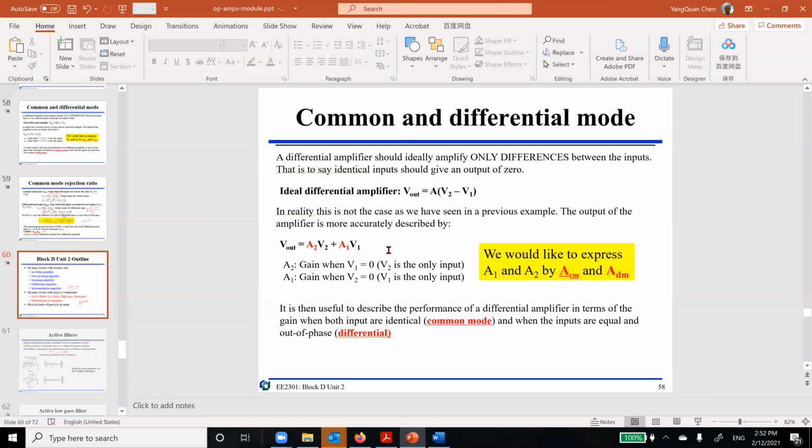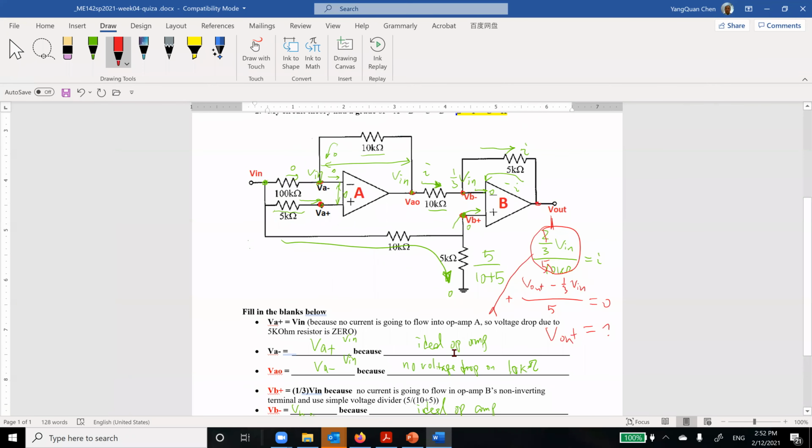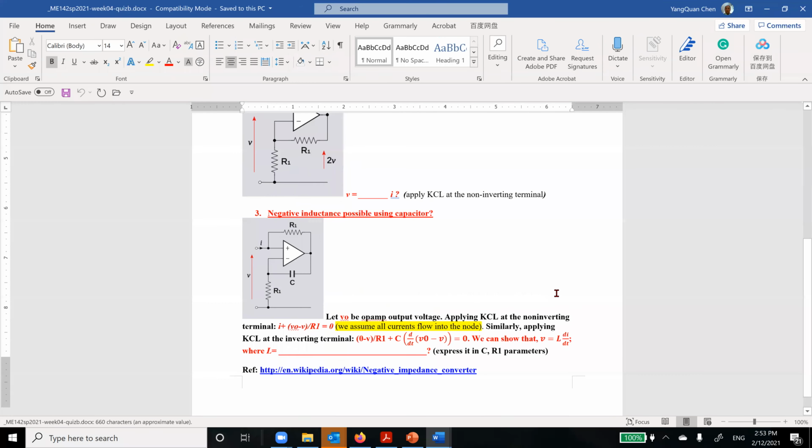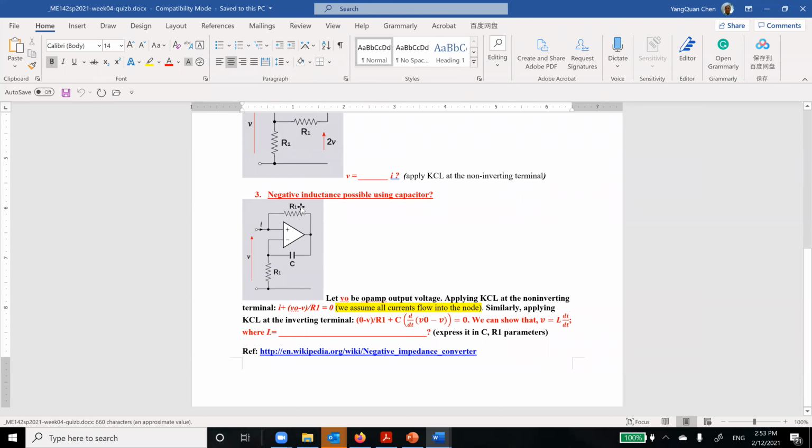That is exactly the meaning of today's quiz, the last question. You can see that in this op-amp circuit, your C is put in here.